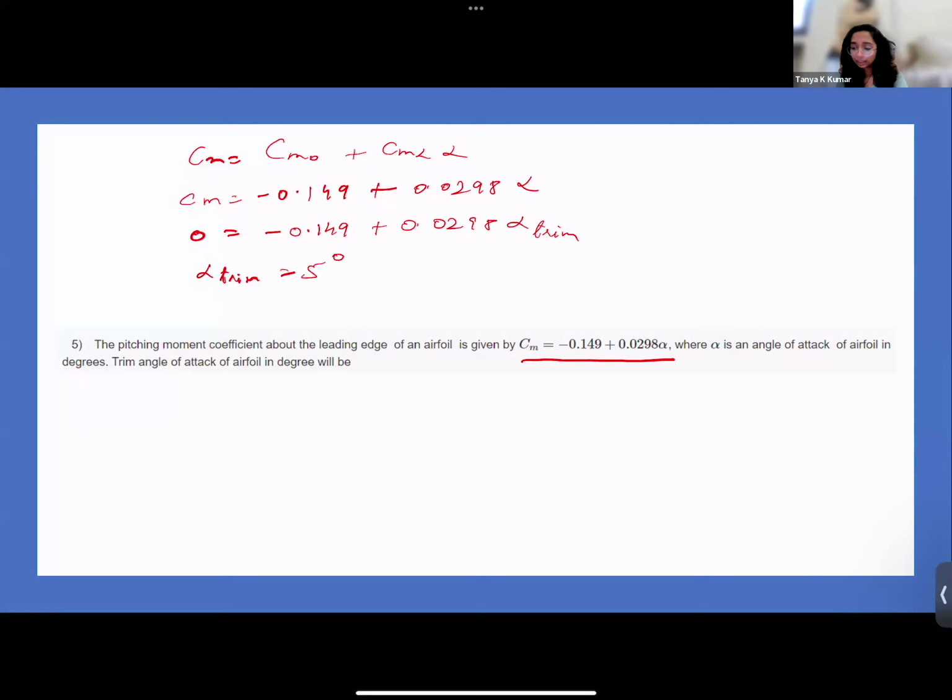Now, is this aircraft statically stable or unstable? From the data that is given.